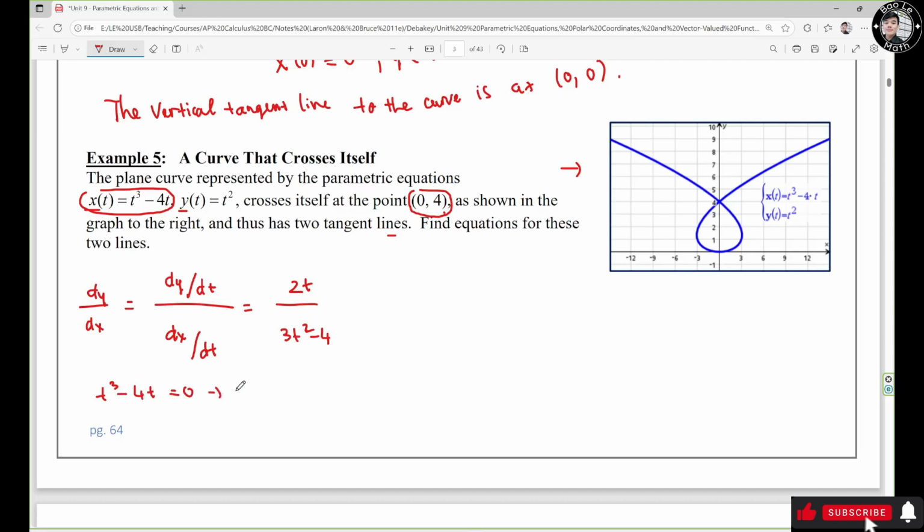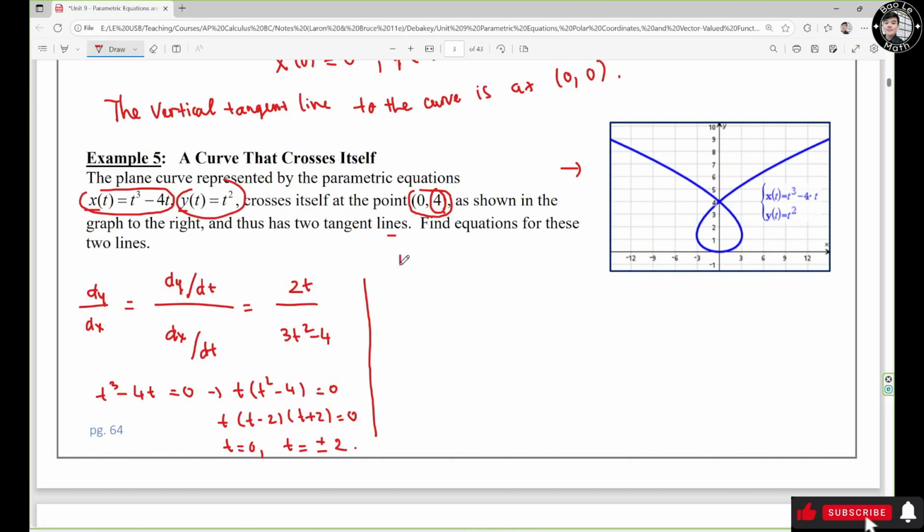This turns out to be t times t squared minus 4 equals 0, and then t times t minus 2 times t plus 2 equals 0. Then you have t equals 0 and t equals plus and minus 2. You substitute 4 for y into the second equation right here.